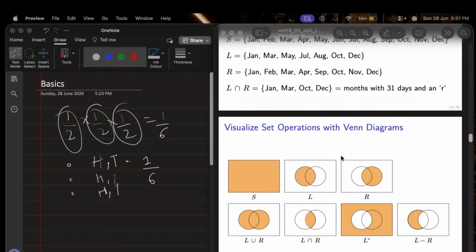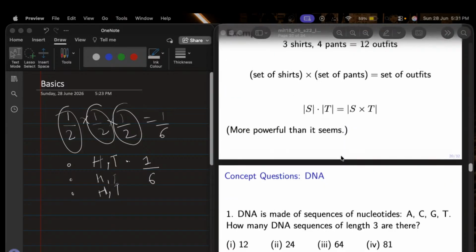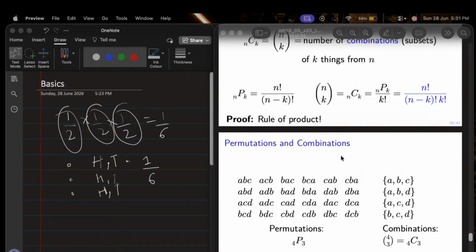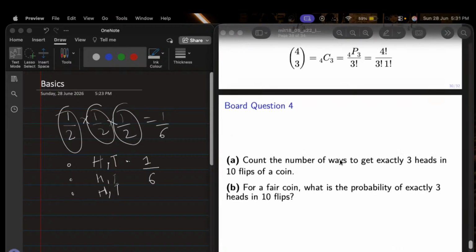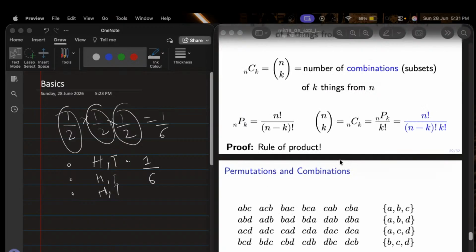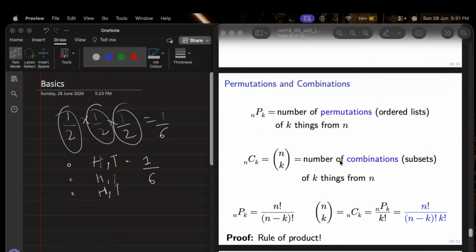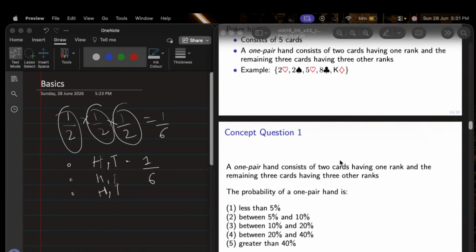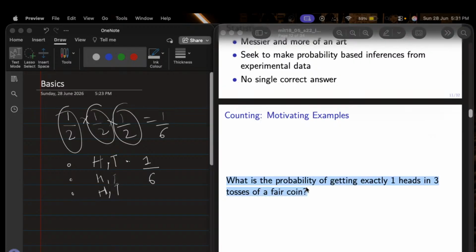So did it get explained? Probably not. Okay, let's just understand this. What is the probability of getting one head in three tosses of a fair coin?